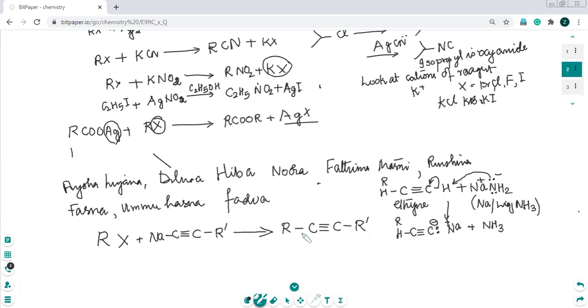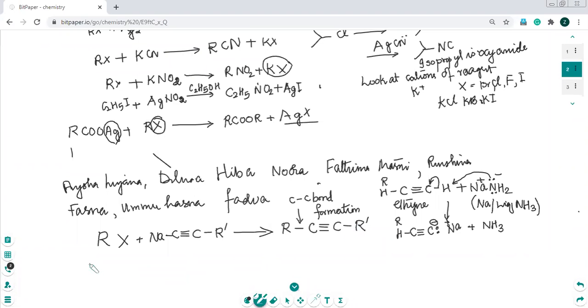And see here, you are forming a CC bond. A CC bond formation. So that way it is an important reaction.